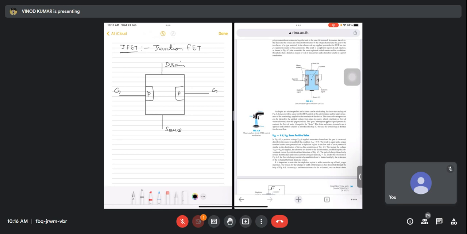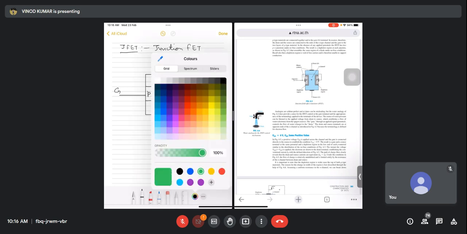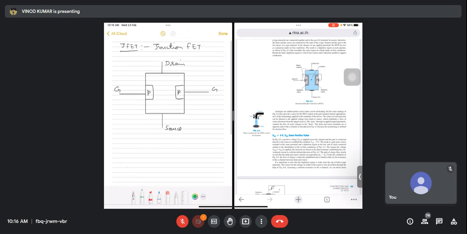Right. So this is shorted. Means both points are same basically.